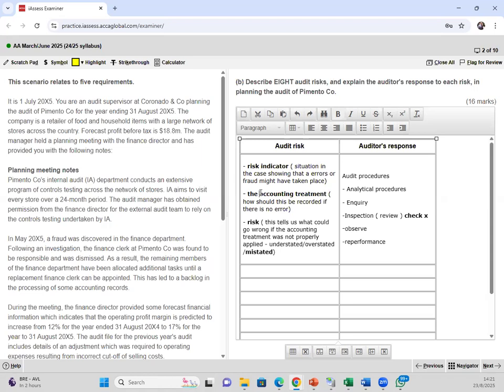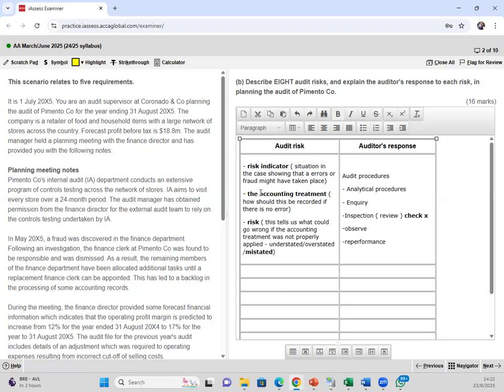The way you've pitched the answers, of course, there's a risk there, but your focus wasn't supposed to be on the internal audit. The moment you say the audit must be done regularly, that's the response for an internal auditor, not for the external auditor. The question is on external auditors' risks and responses.